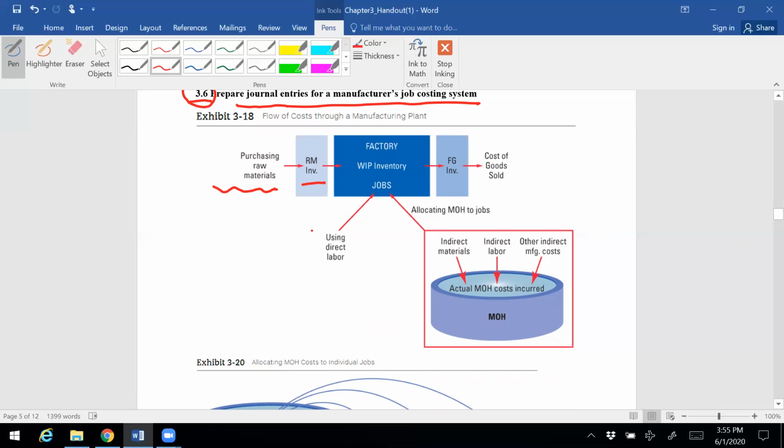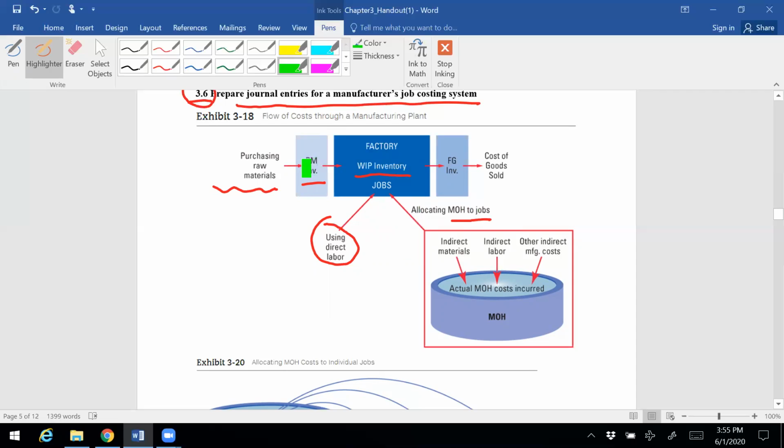And then you have to use direct labor, and also use manufacturing overhead to get our work in process. We said ideally you want to get the exact amount of manufacturing overhead, but since it's not a direct cost, we cannot trace it.